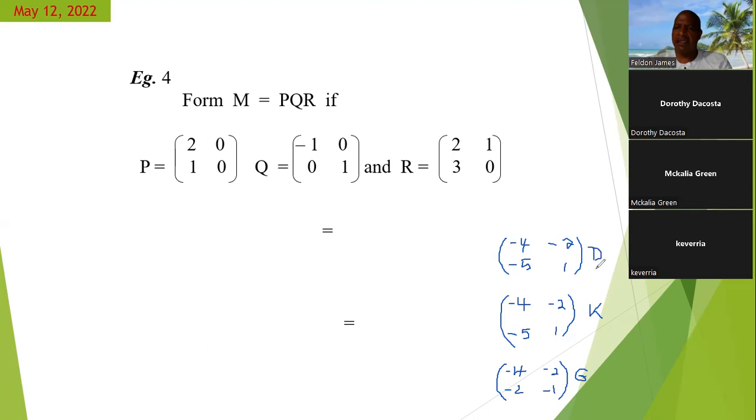All right, so let us see if anybody has the same answer. Miss Dorothy and Miss Cabrera seem to have the same answer, and Miss Green is a little different. All right, let me reveal the answer. -2 times 2, -4 plus 0 times 3 as 0.